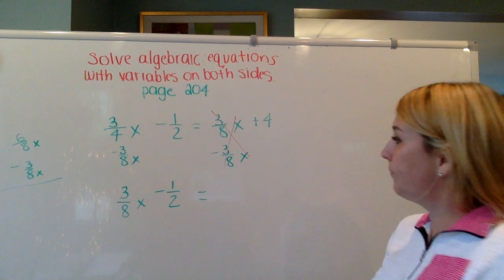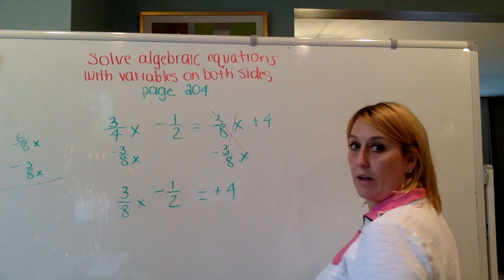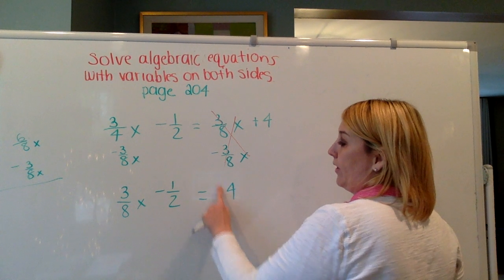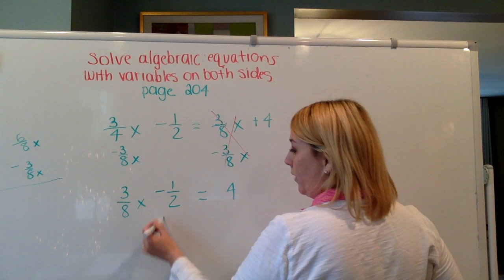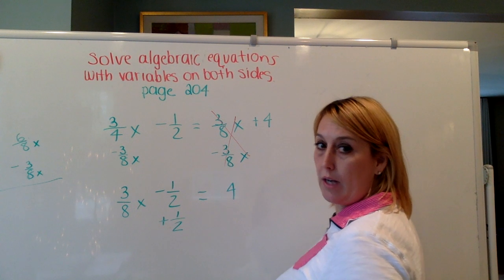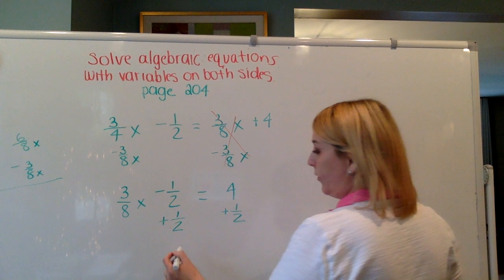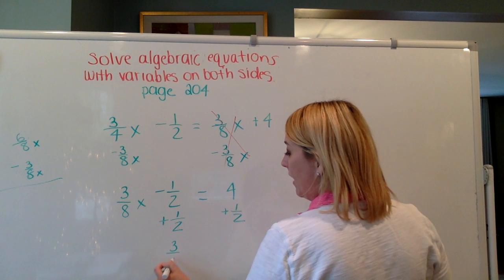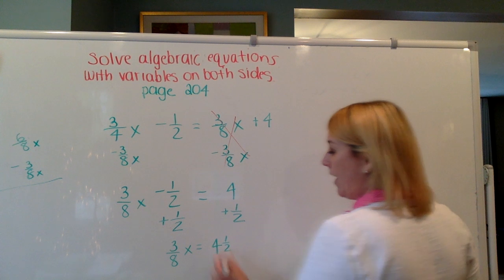So I'm done. Equals positive 4. Now, I don't have to write that positive, but now that I know it's positive, I'll erase that. I need to add 1/2, right? Because I'm trying to undo the negative 1/2, so add 1/2. Okay, so now I have 3/8 x equals 4.5.